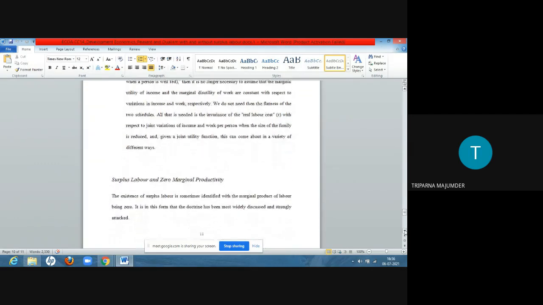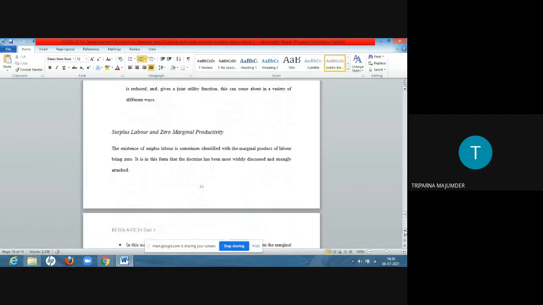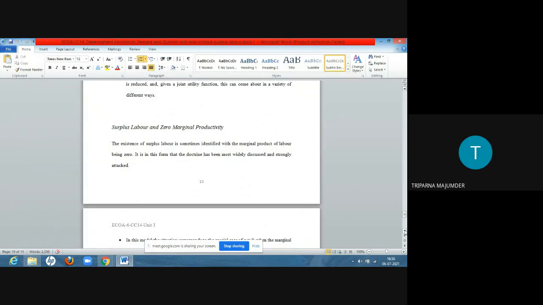Now we ask the question again. We do not ask now because we already know whether existence of zero marginal productivity is necessary or sufficient for the existence of surplus labor.